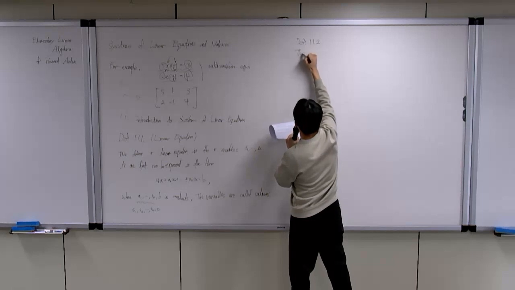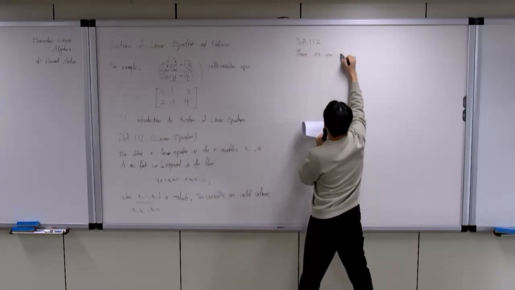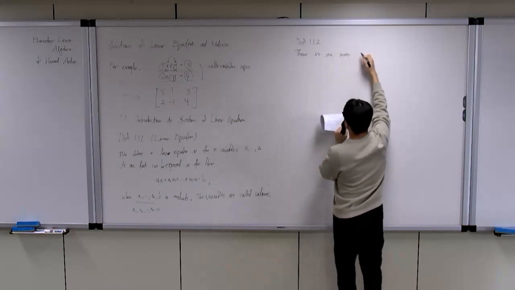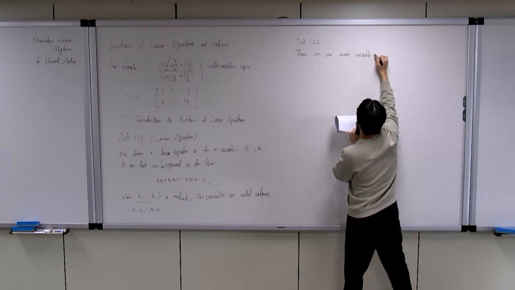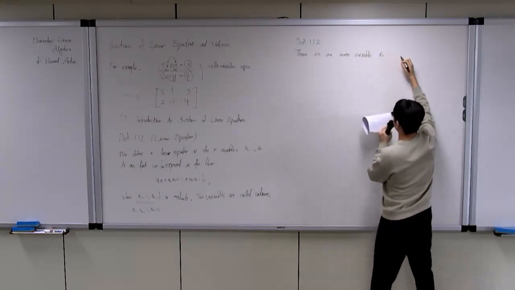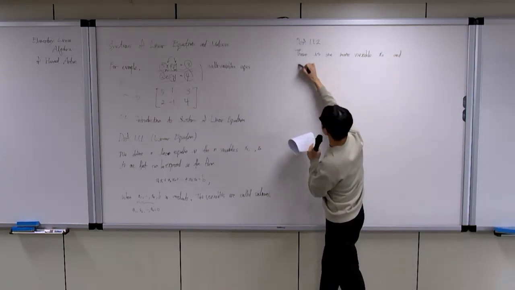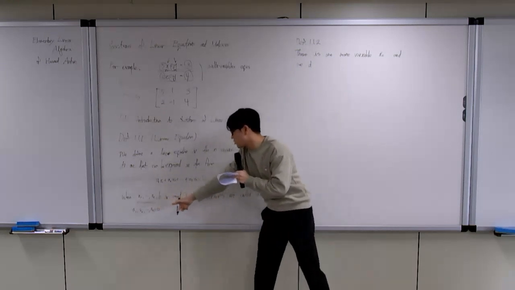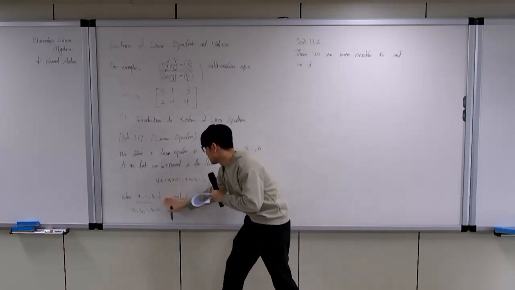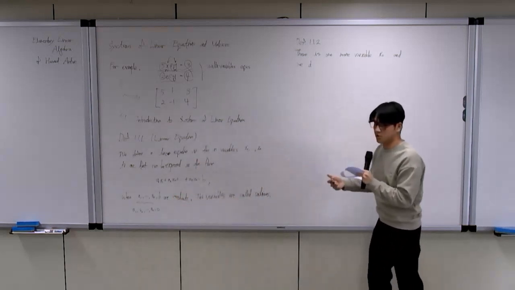Let's consider the situation where there is one more variable x0, and b is also a constant, so we denote b.